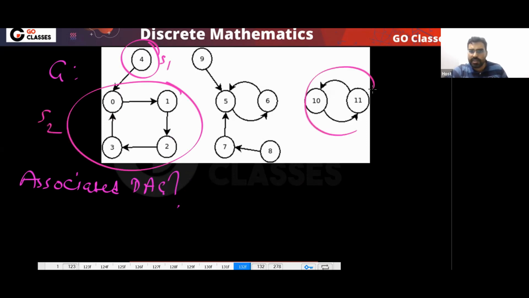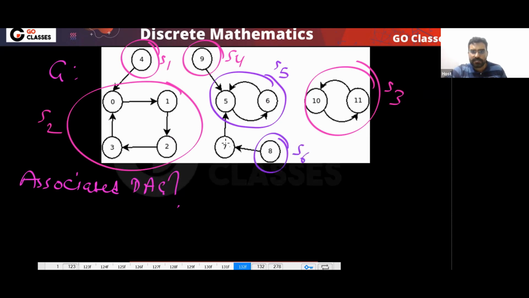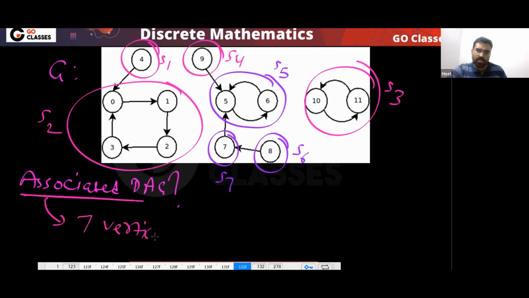This is S3, this is S4, this is S5, this is S6, and this is S7. So in total you will get 7 vertices.